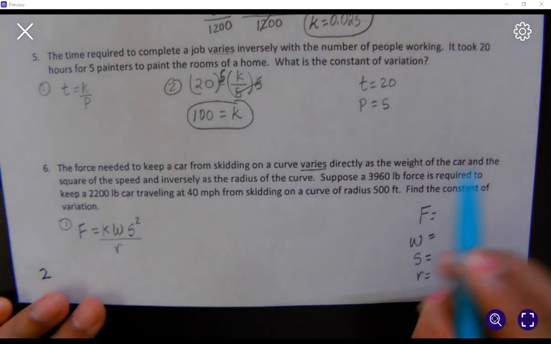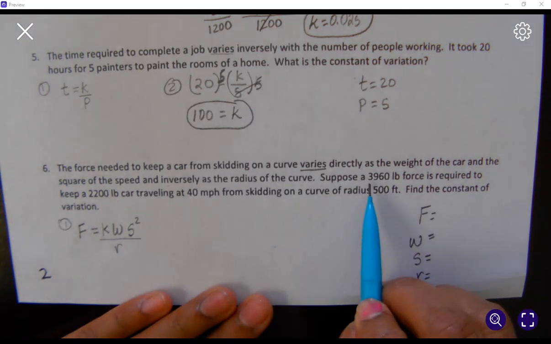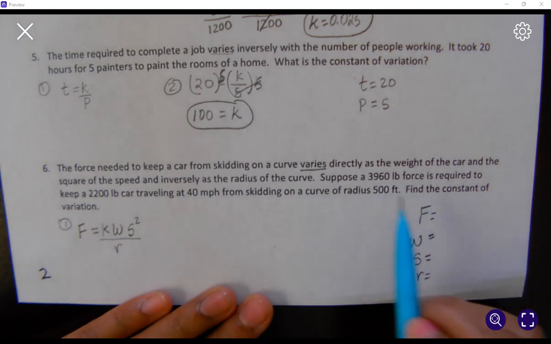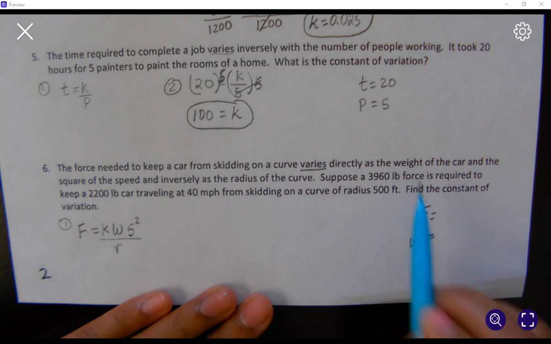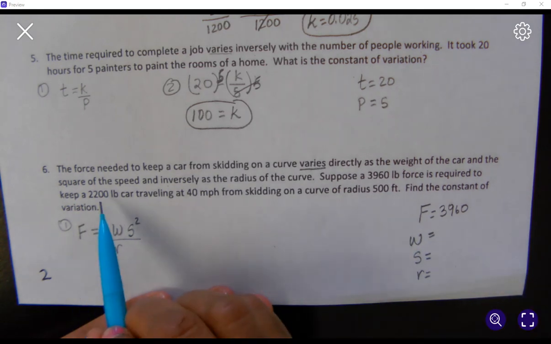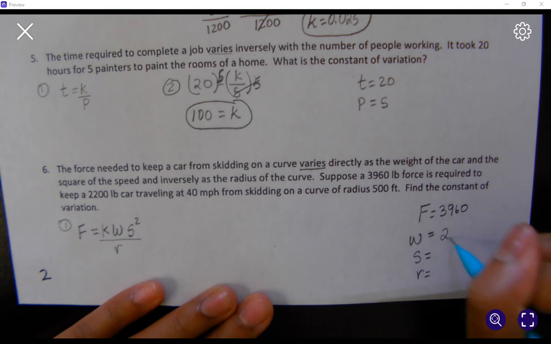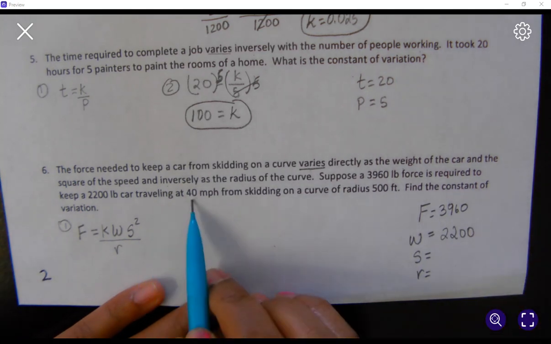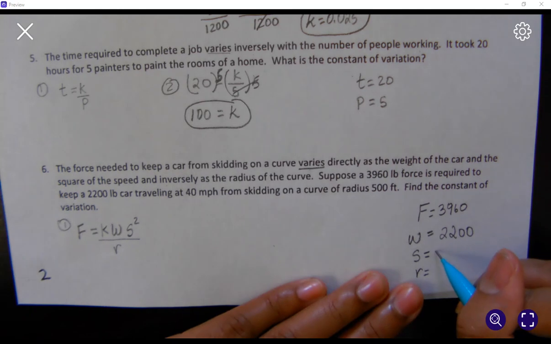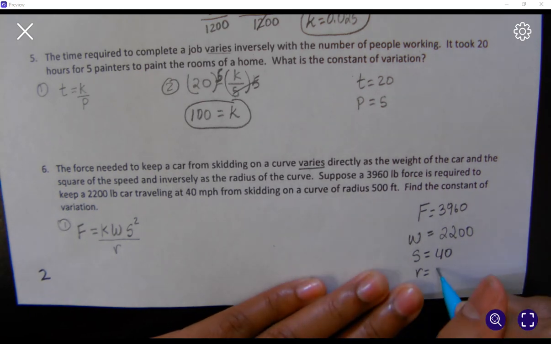So let's go ahead and put in these numbers. So it says that 3,960 pound force. So your force is 3,960 is required to keep a 2,200 pound. So that is your weight. Traveling at 40 miles per hour, that is your speed. And it has a radius of 500.